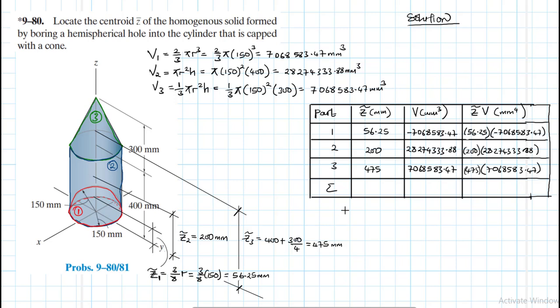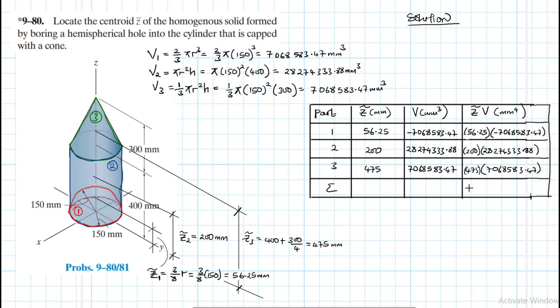We sum them up, we do the product. 56.25 by minus 7,068,583.47 plus 200 times 28,274,333.88, and plus 475 by 7,068,583.47.